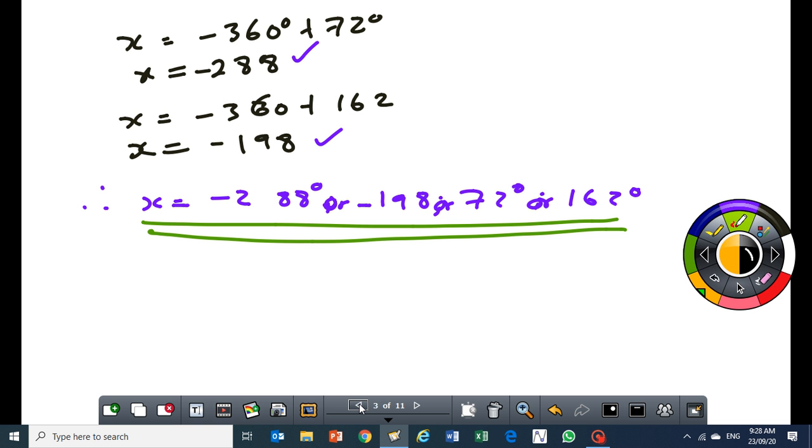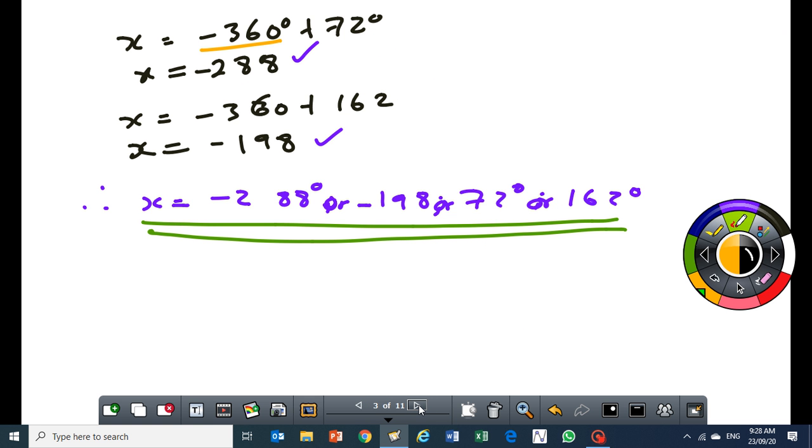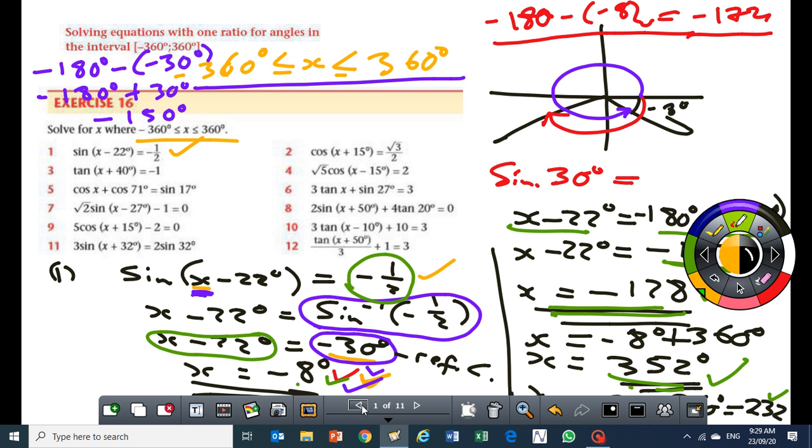For this one I added minus 360, and here I added 360. So I added 360 and minus 360.